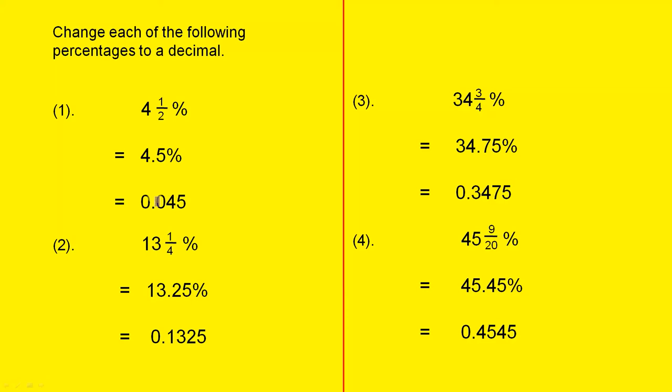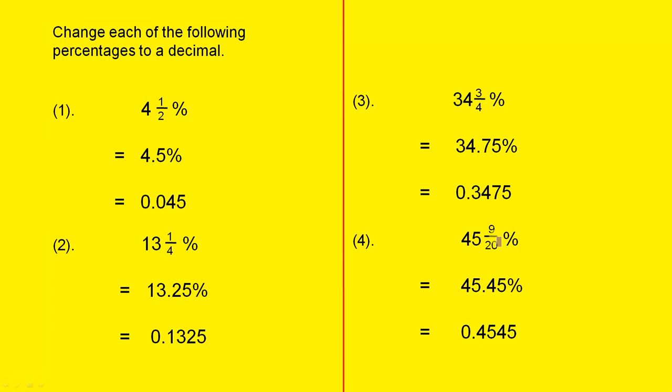When you move the decimal point 2 places to the left, that's the answer. 13 and a quarter percent is 13.25% because a quarter is 0.25. When you move the decimal point 2 places to the left, there's the answer. 34 and three quarters percent is 34.75%. And that's the answer when you move the decimal point 2 places to the left.